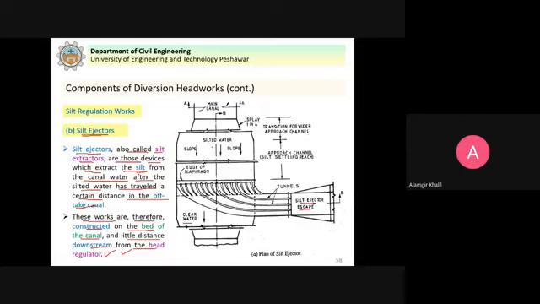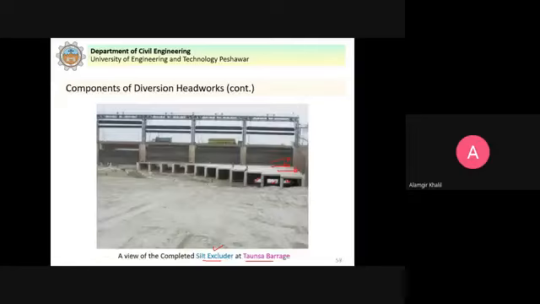Because when the silted water is flowing in a canal, it tries to become uniform. Clear? Because in the canal there is no disturbance, as you can see here in this picture for silt excluder.